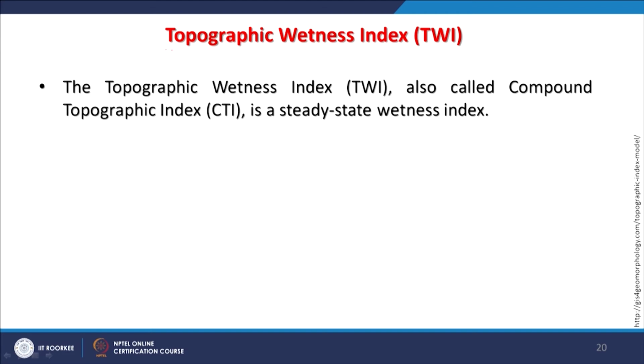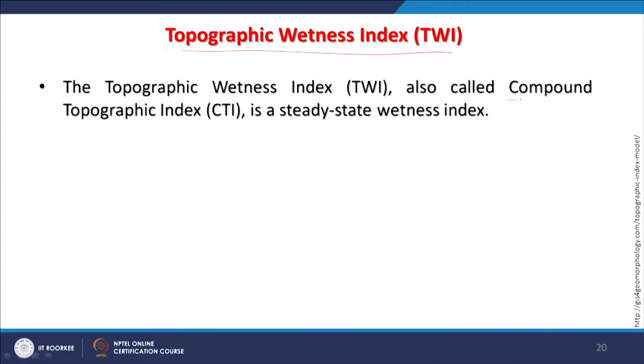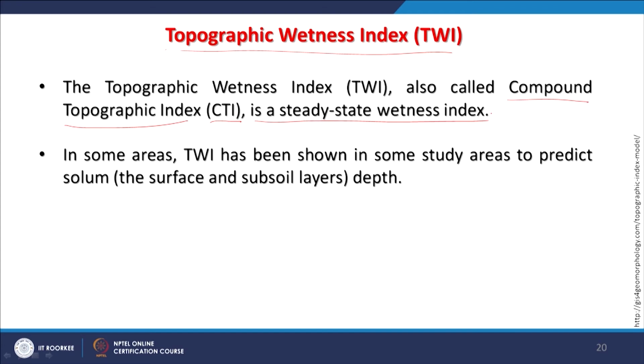Now, another important derivative is the topographic wetness index, TWI. Again it is an output of surface hydrologic modeling using a digital elevation model, and it is also called the compound topographic index, CTI, a steady state wetness index. In some studied areas this TWI has been shown to predict solum, the surface and subsoil layer depth.